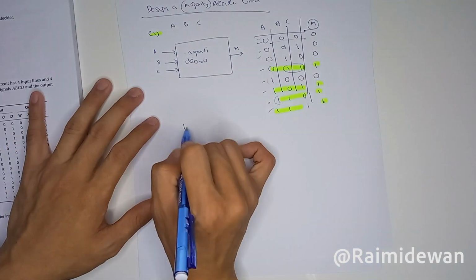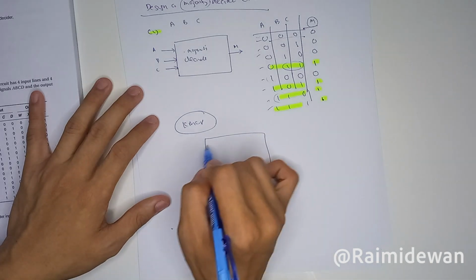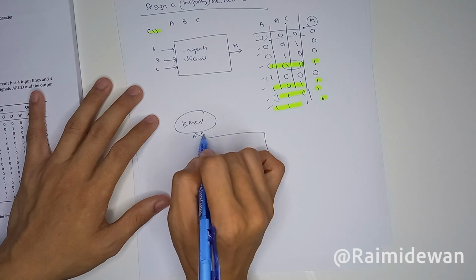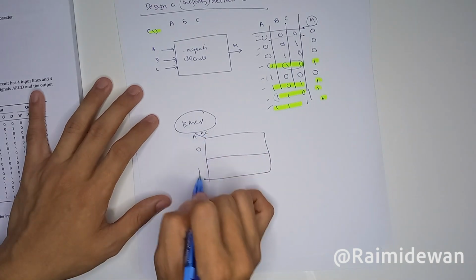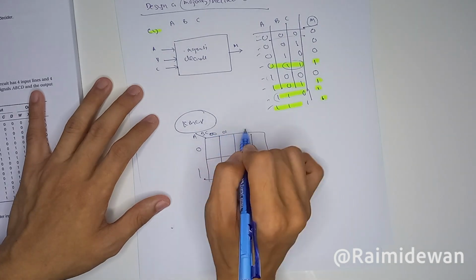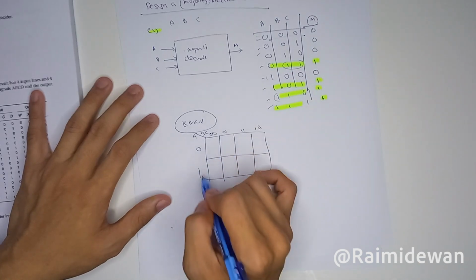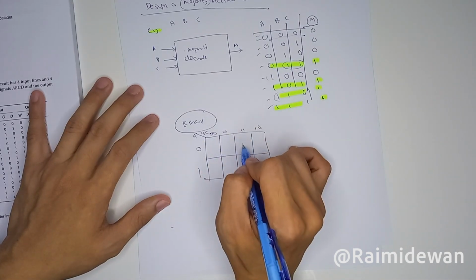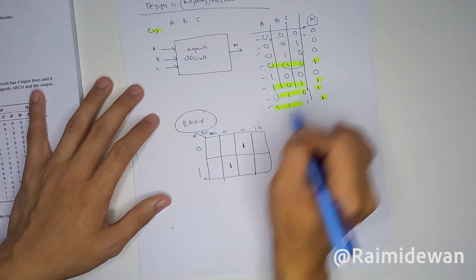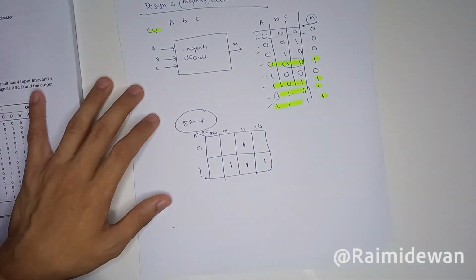Let's say I want to use the K-map. First, you draw the table, with A, B, C: A is 0, 1, and the 4 possible combinations of BC are 00, 01, 11, 10. Then you fill in the 1s for the majority combinations, and the rest are 0.